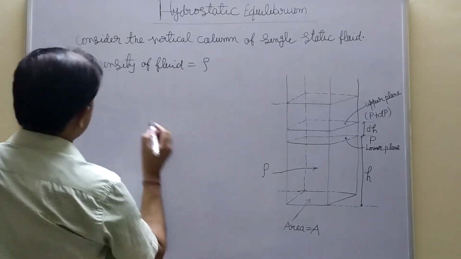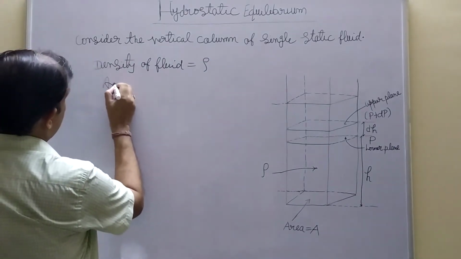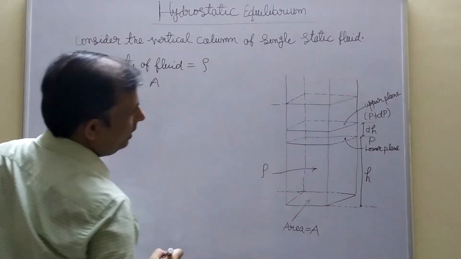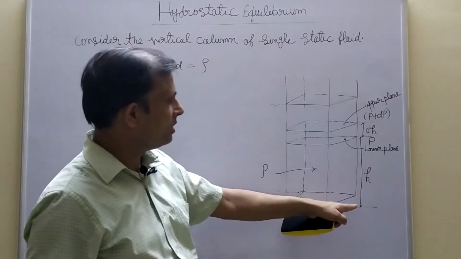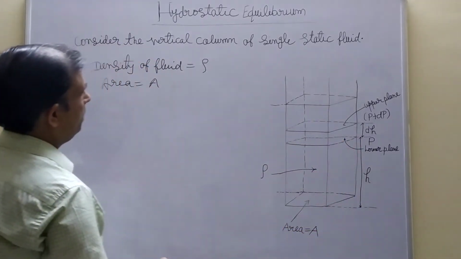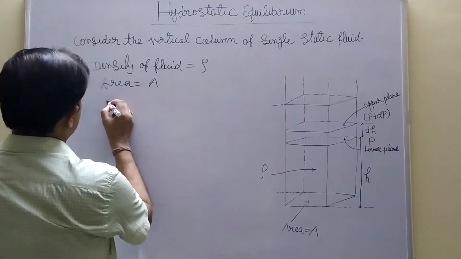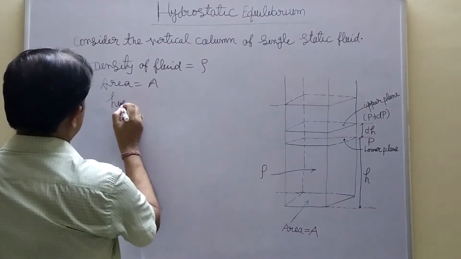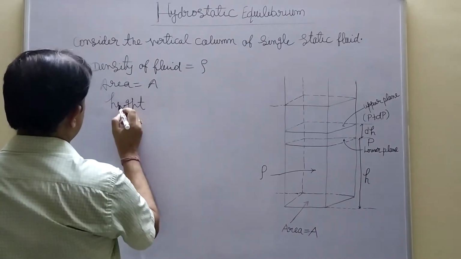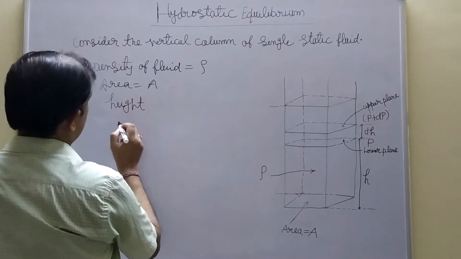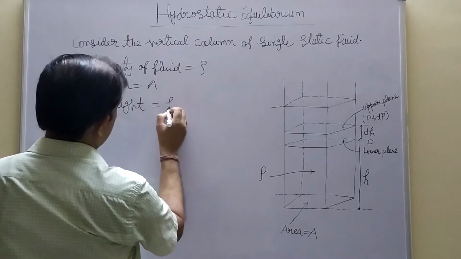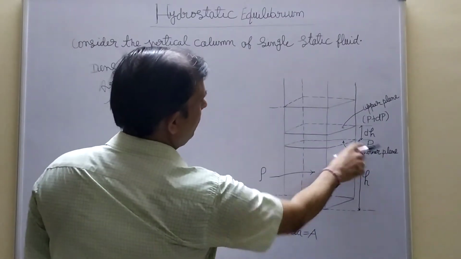The cross-sectional area equals A for each plane, and the height varies from the bottom up to here, so we have considered height h, up to a lower plane.